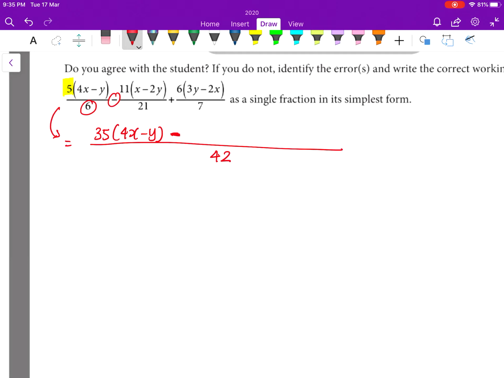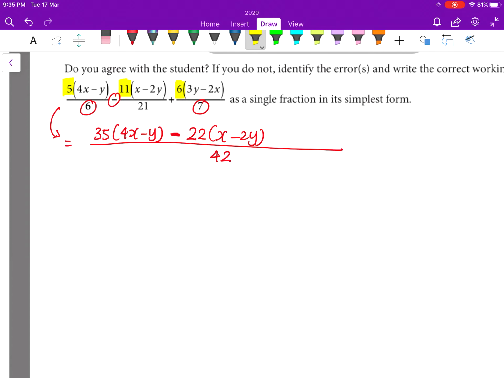How will 21 change to 42? 21 multiplied by 2, right? So 11 must also multiply by 2. So you get 22x minus 2y. Last but not least, 7 multiplied by 6 will give me 42.